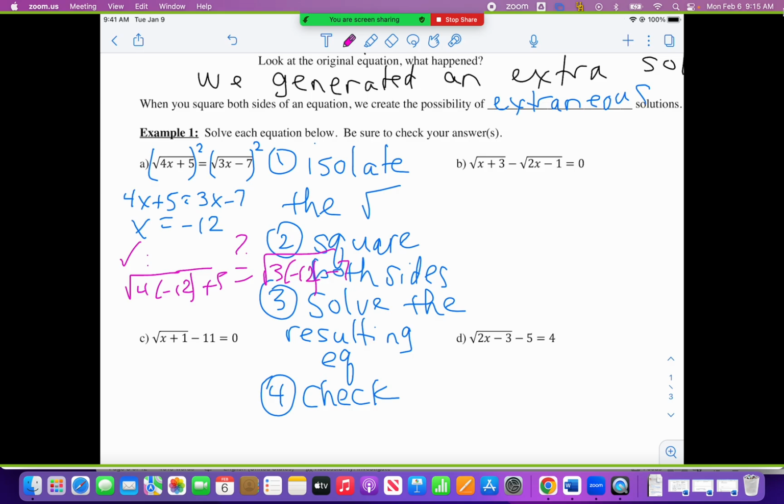And something I need to tell you about is when we're solving these square root equations, we do want to do these in the real numbers, not the complex, okay? So I should go back and say, solve these over the real numbers. So what that means is I can't have a negative under the square root with this type of equation. So this one does not work because I end up with a negative. So there's no solution.